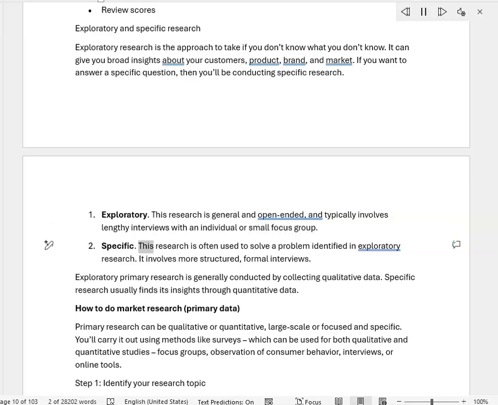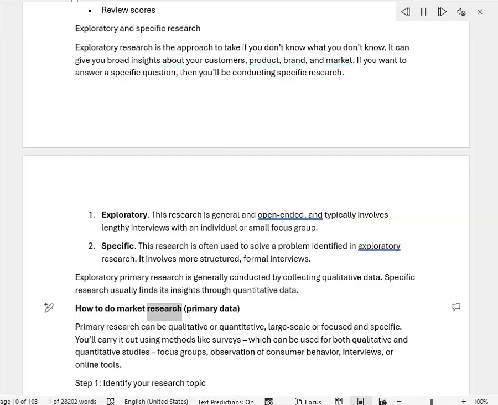Specific. This research is often used to solve a problem identified in exploratory research. It involves more structured, formal interviews. Exploratory primary research is generally conducted by collecting qualitative data. Specific research usually finds its insights through quantitative data.